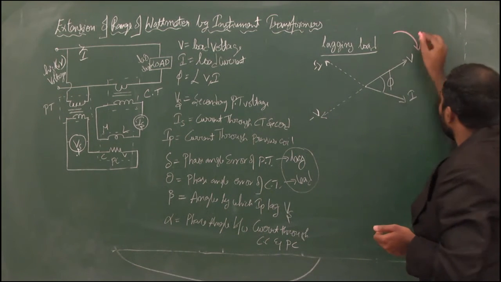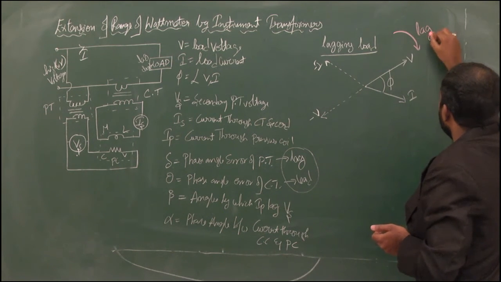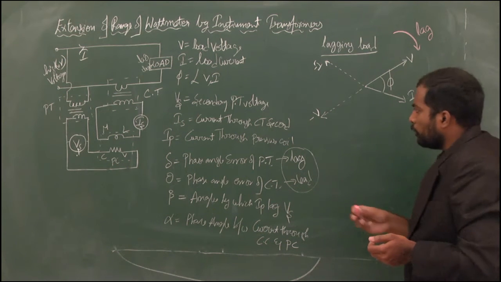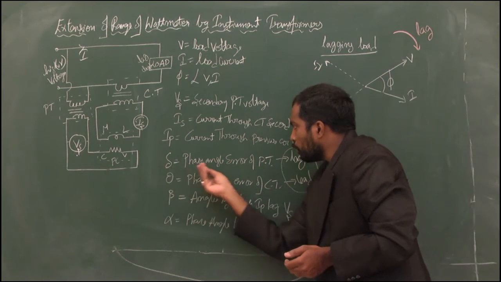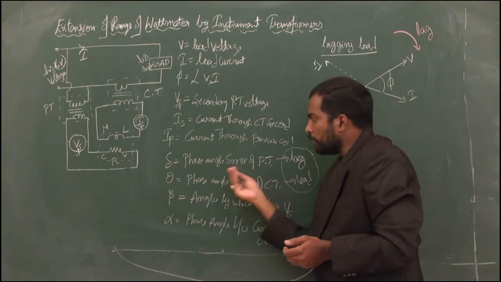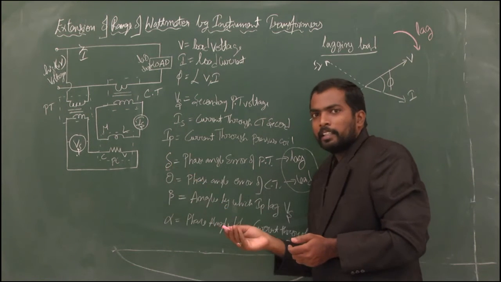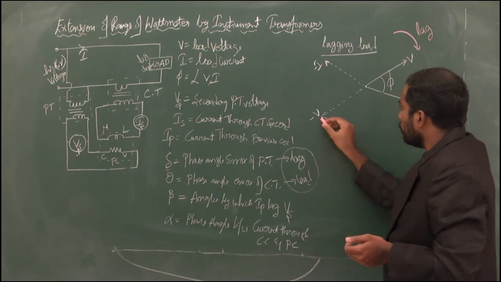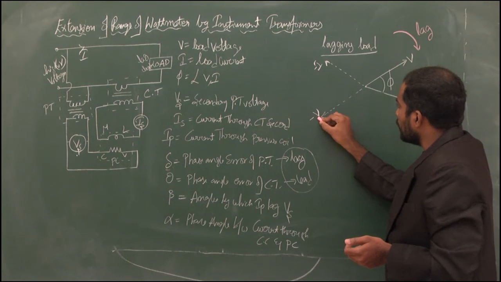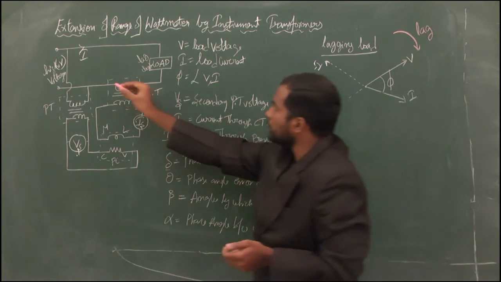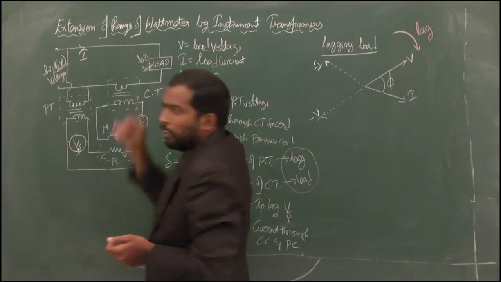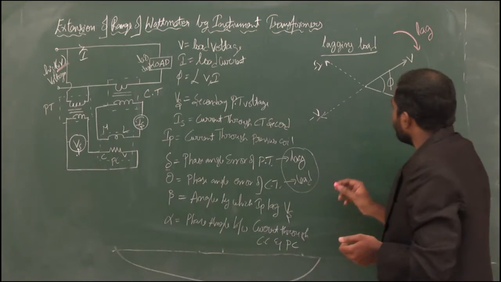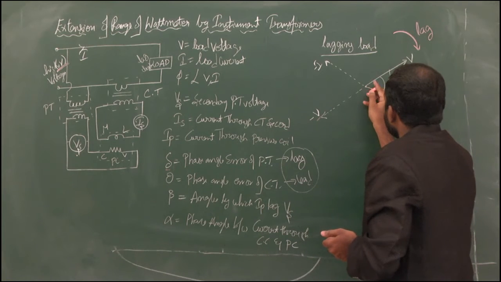Am I correct or not? You are taking it in the clockwise direction and it is said to be lagging. The error due to potential transformer, which is del, is lagging the source voltage vector, which is V over here. It is lagging the voltage vector. So lagging means like this.